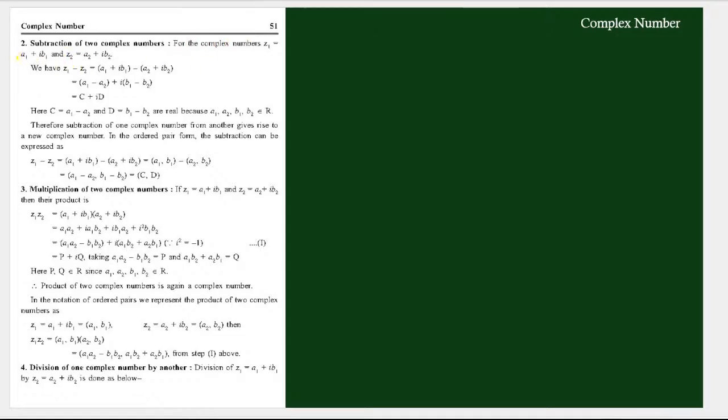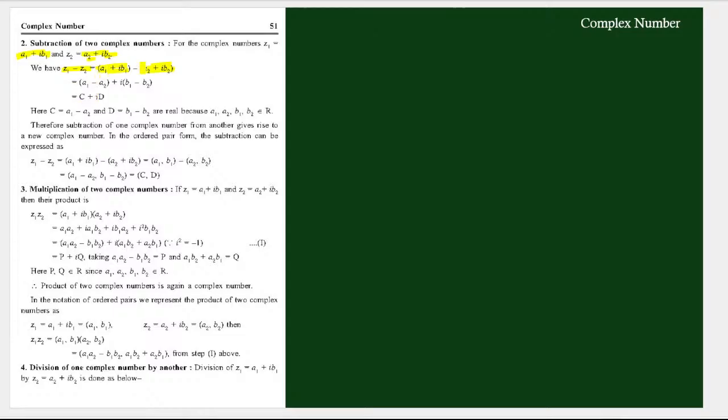Z1, okay, A1 plus IB1. So Z2 is A2 plus IB2. So we have Z1 minus Z2. Subtract करना है. So A1 plus IB1, okay, minus A2 plus IB2.